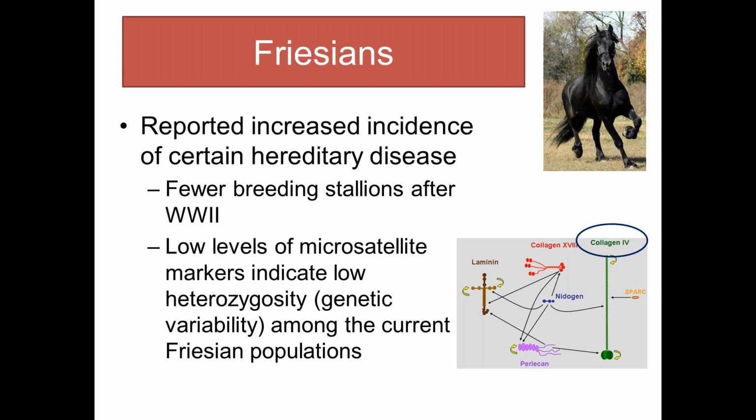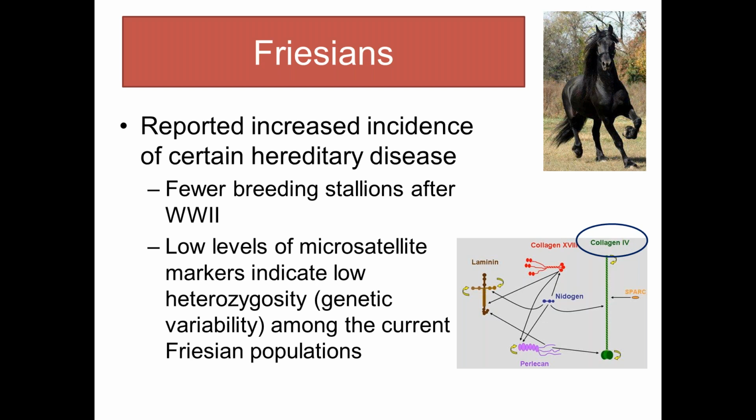one of the problems is, and again, I'm probably preaching to the choir here, there is a growing body of evidence of low genetic diversity and variability. So microsatellites are markers of genetic richness of DNA among any species, but in this case, Friesians.